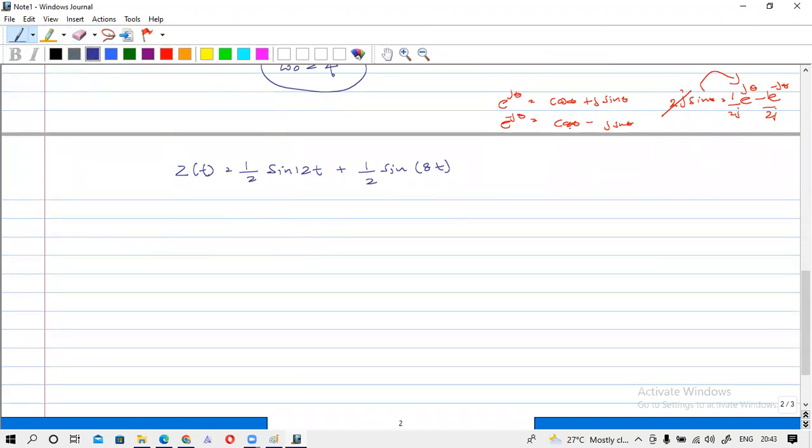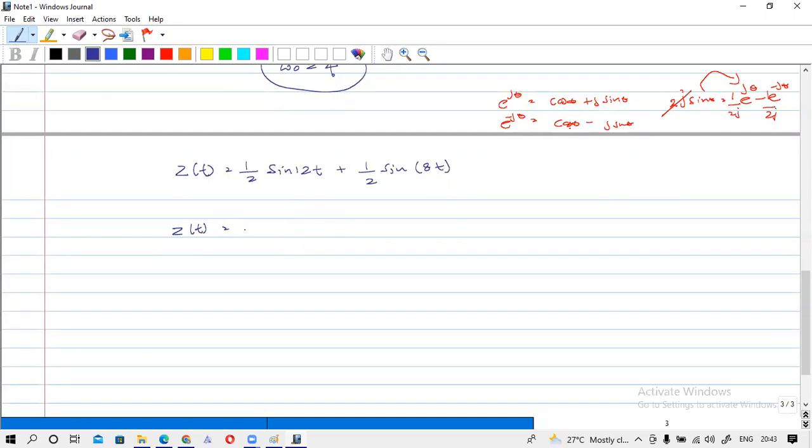So I said x(t) will be half, 1 by 2j e to the power j, here θ is 12t, minus half, 1 by 2j e to the power minus j 12t.